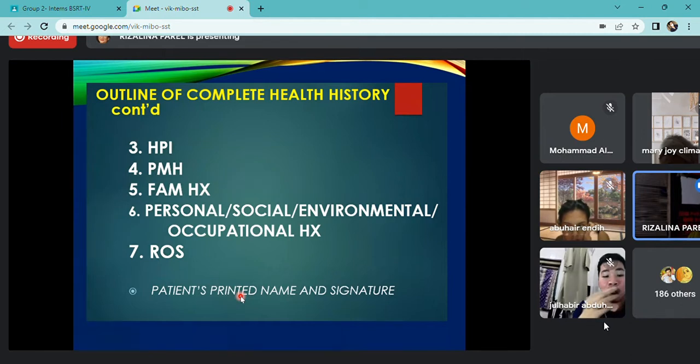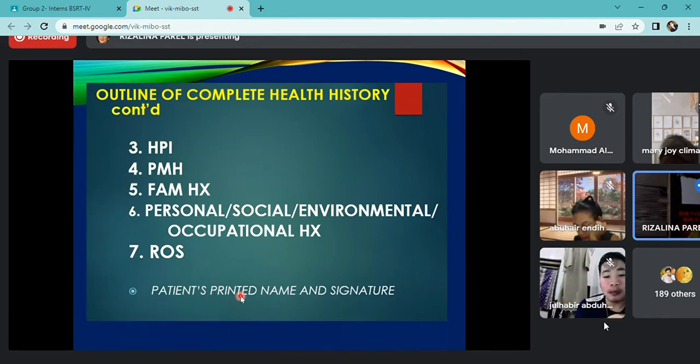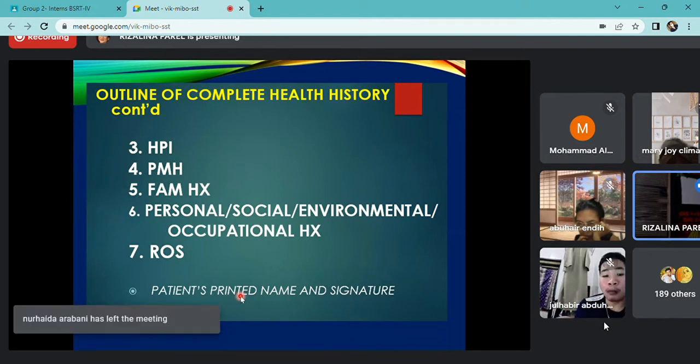And then for family history, importante na ma-document natin yung meron ba siyang genetic disease or yung mga nakakahawang disease or familial disease. Okay, so may mga genetically transferred na disease like cancer, diabetes, okay? Lahat yan dapat na-document sa family history.